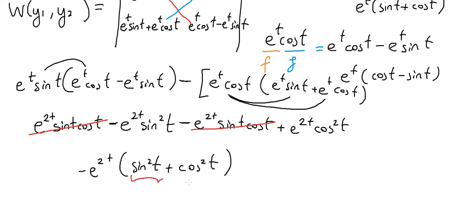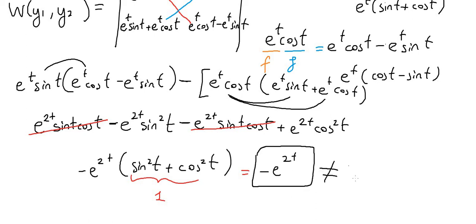And we know this from the Pythagorean identity. This is equal to 1, and 1 times this will be equal to negative e to the 2t. So this is our Wronskian. And we see that this is not equal to 0, so our functions are linearly independent. Let's go to example 5.